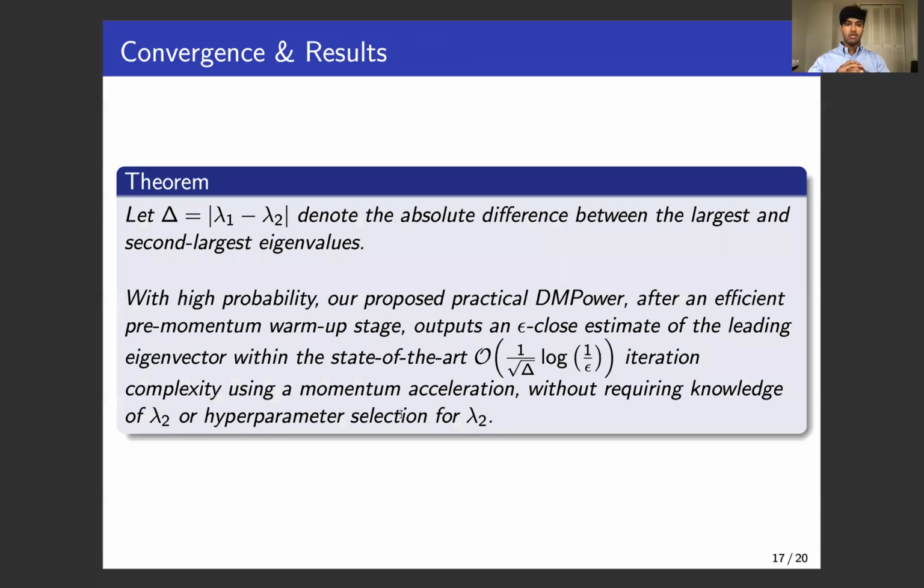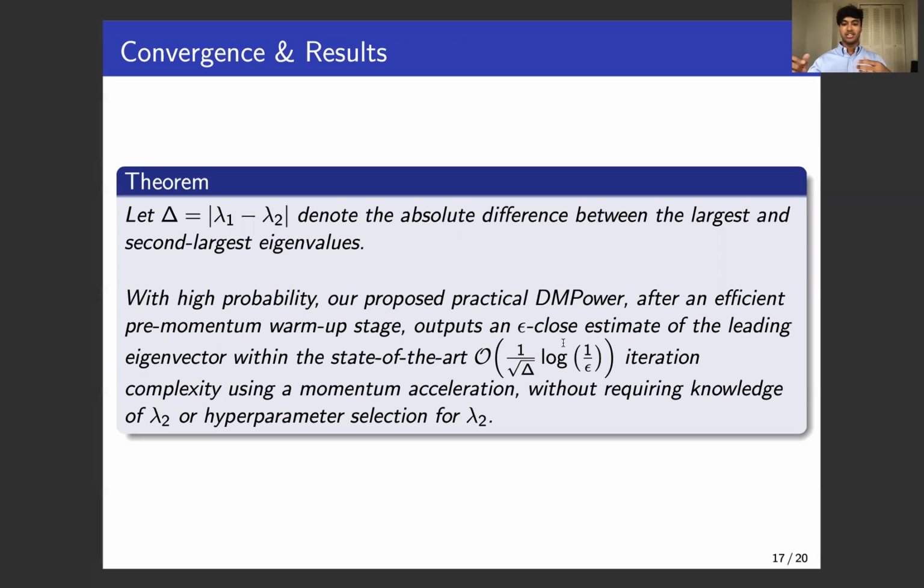So informally, we have a convergence result. With high probability, a proposed practical DM power after an efficient pre-M phase outputs an epsilon close estimate of the leading eigenvector within the state-of-the-art convergence rate, okay? Because after the pre-M phase, we're basically moving to a power plus M phase, which should experience optimal convergence rates as long as beta is selected well.